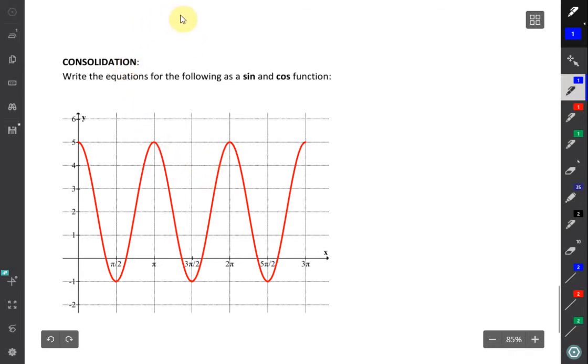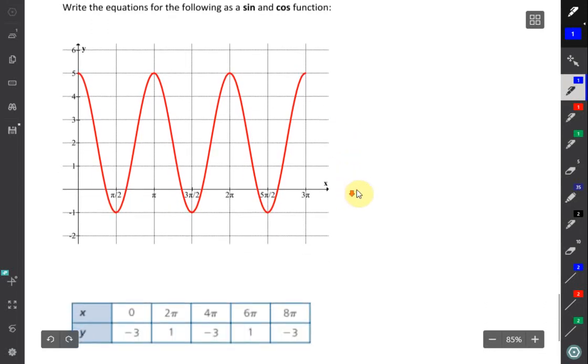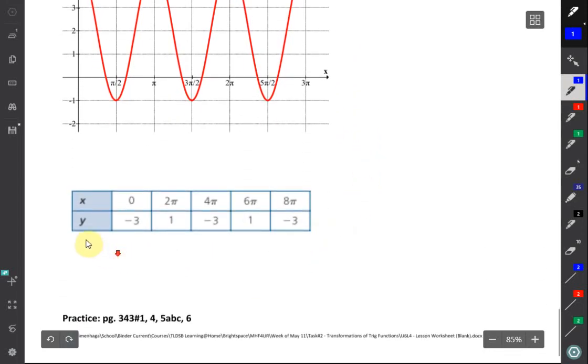We've gone through all the separate components, so I'm hopeful that you would be comfortable putting them all together and having more than one transformation here as you write the equations, and also being able to phase shift between sine and cos, and so write this function in terms of either of those parent functions. And then the other step here is to try doing that with a table.